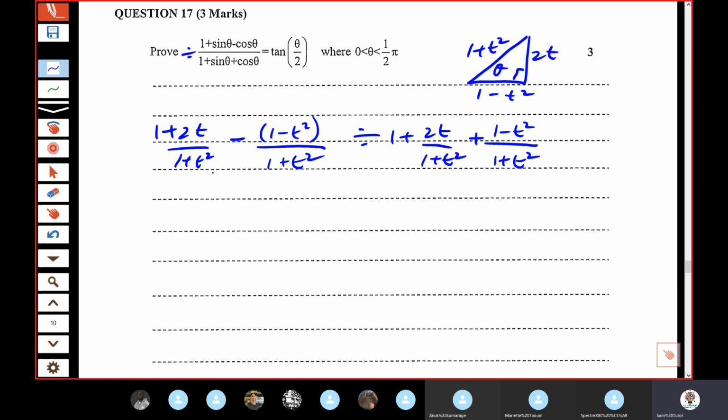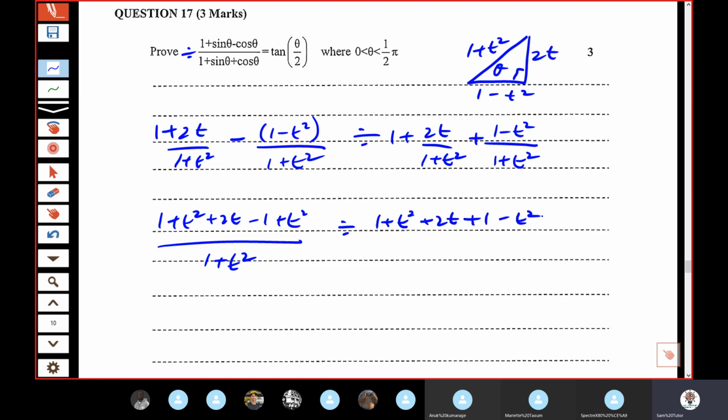Okay, common denominator, so we get 1 plus t squared plus 2t minus 1 plus t squared on 1 plus t squared, divide, same thing, 1 plus t squared plus 2t plus 1 minus t squared on 1 plus t squared.